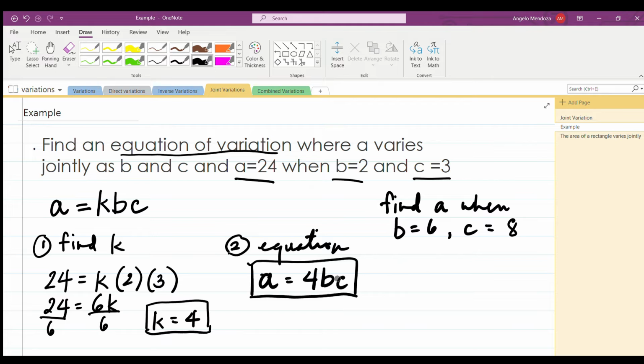Using the equation of variation, we have a is equal to 4 times b multiplied by 6 times c multiplied by 8. So we have 4 times 6 times 8, and the value of a is equal to 192.